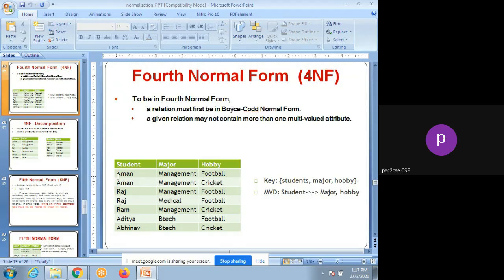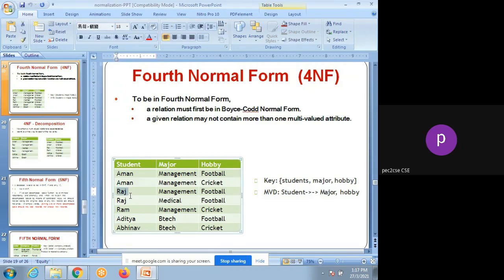For example, here, Raj is a person, and that person has two major subjects. So for Raj, on the left side attribute, only one value is there. But on the right side attribute, it has two values. For a single attribute, it has two values. So it is a multi-valued attribute. And similarly, Aman.